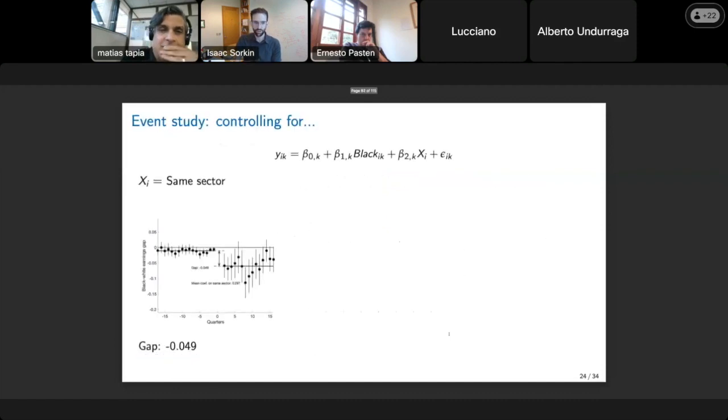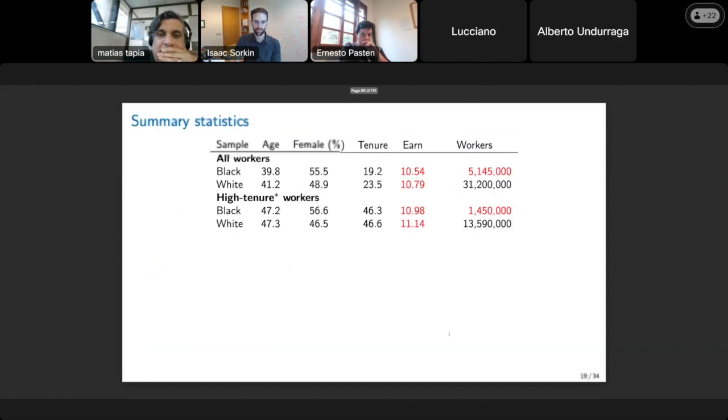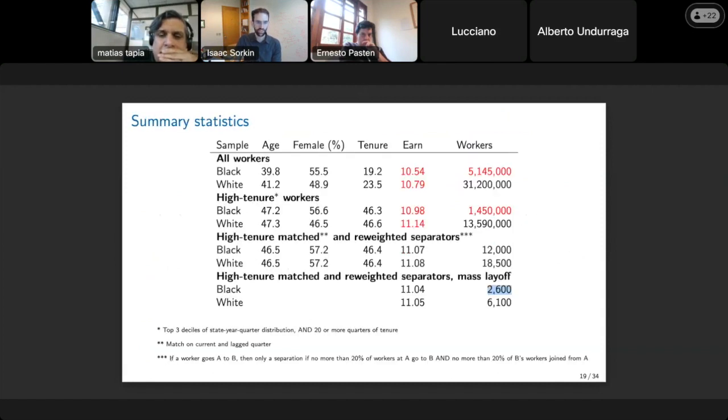If I go back here, I've done work to try to convince myself that I'm ruling that out by basically saying that if 20% of workers from A go to B, or 20% of workers at B come from A, and I do that quarter by quarter, then I don't count this as a separation. So I'm ruling out large flows between these firms.